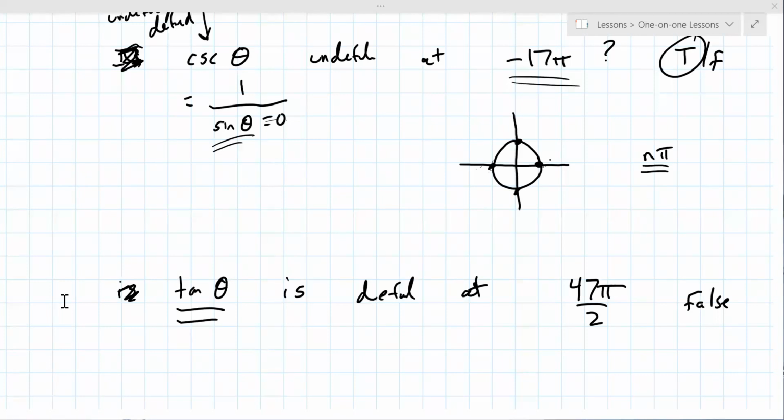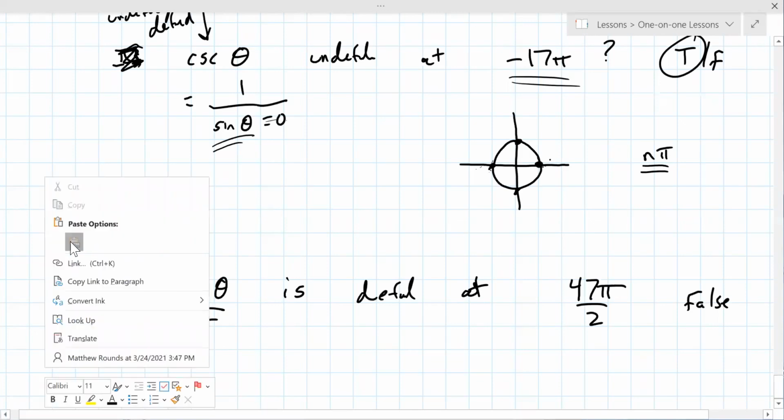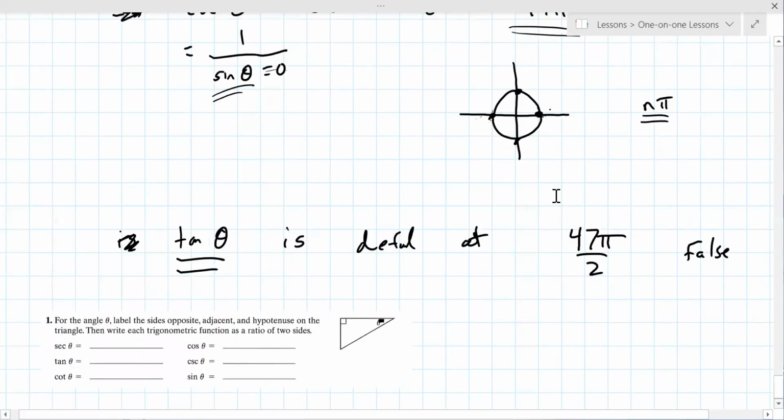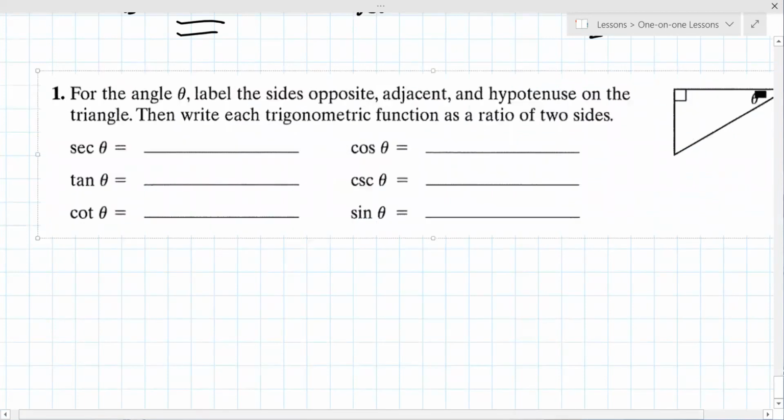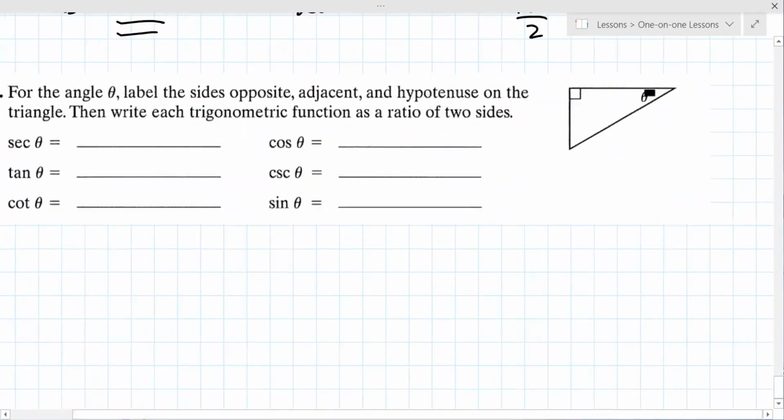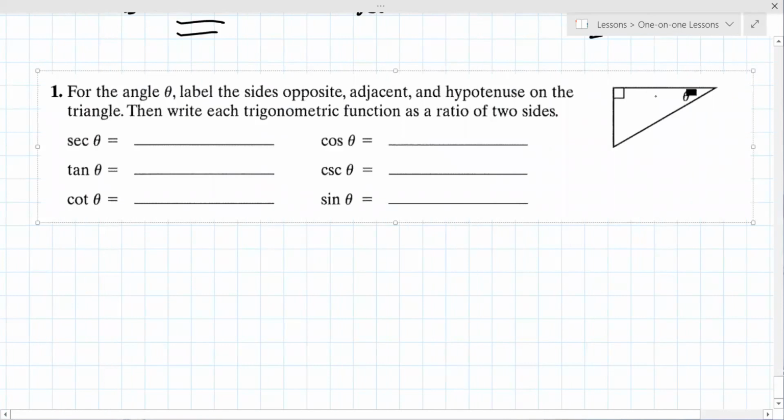I would label the sides. At a minimum, I would give them letters, and then relative to the angle, this is adjacent, this is opposite, and this is hypotenuse. Sine is opposite over hypotenuse.